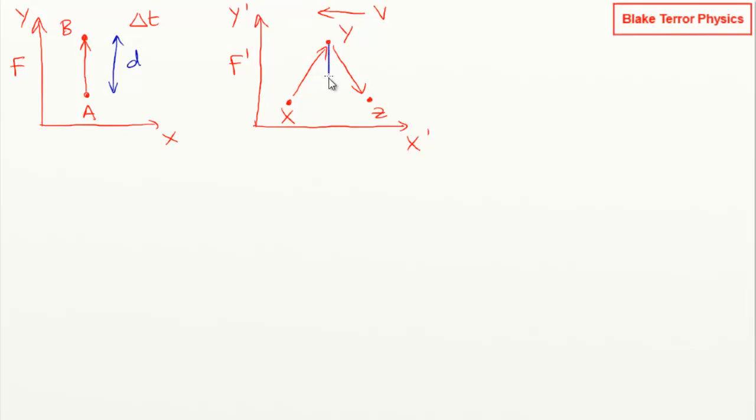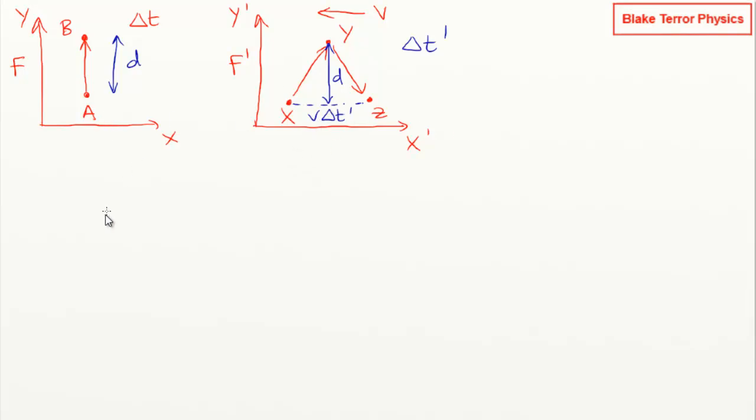So this distance here from Y down to the line that's connecting X and Z, that is also going to be a distance d, that altitude on that triangle. Then we've got the distance from X to Z. So if this path has taken a time delta T prime, from X to Z is going to be V delta T prime. That's just our distance is velocity times time.